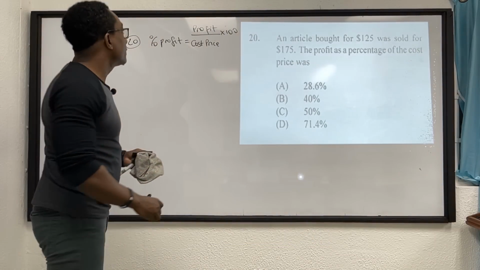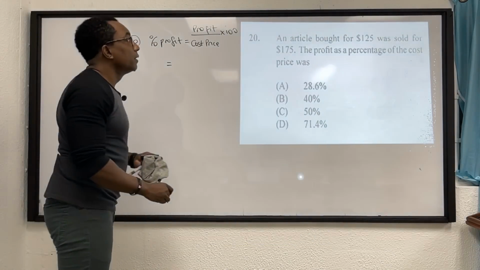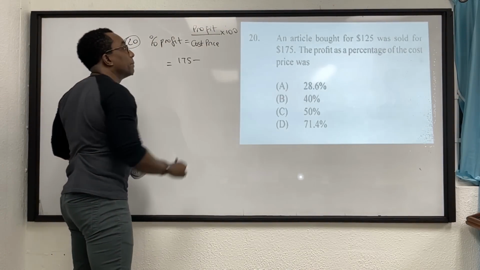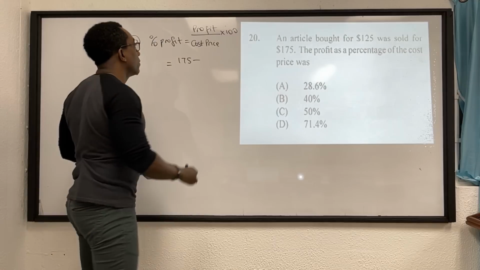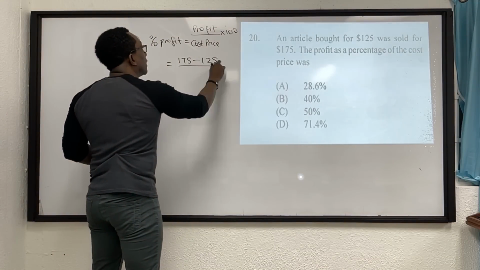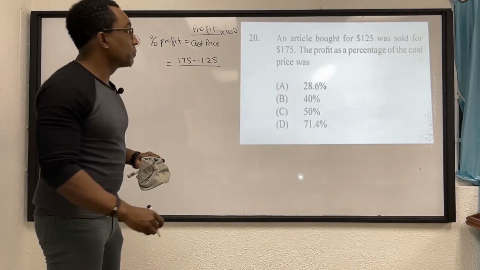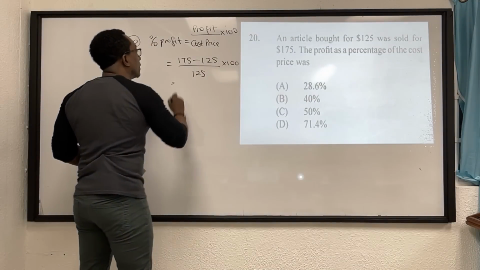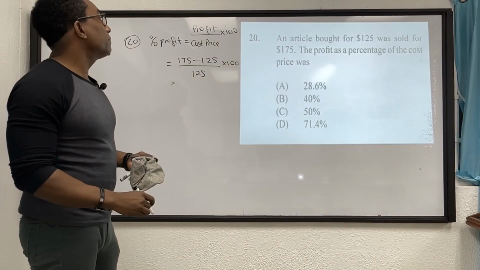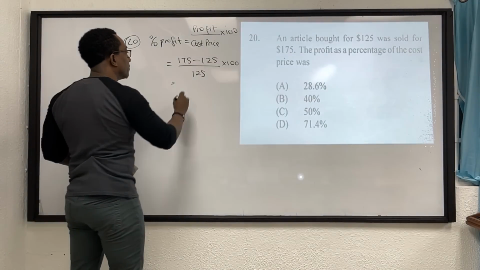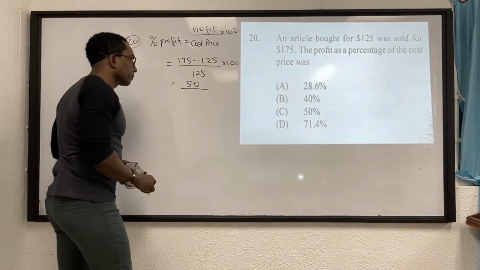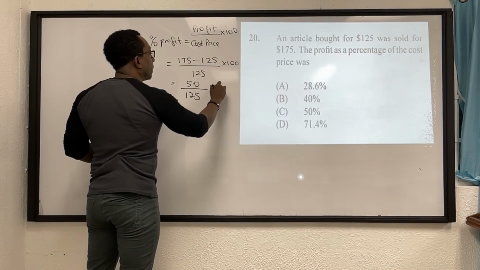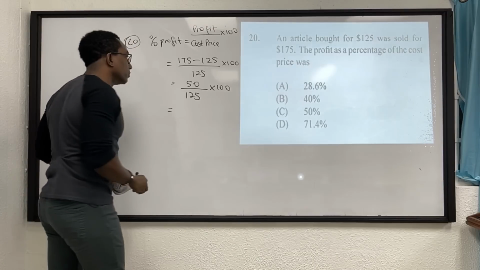And your profit is simply your selling price, which is $175, minus your cost price, which is $125. We're going to put it all over the cost price, which is $125, and multiply it by 100. So 125 from 175 will give us 50. 50 all over 125 multiplied by 100.